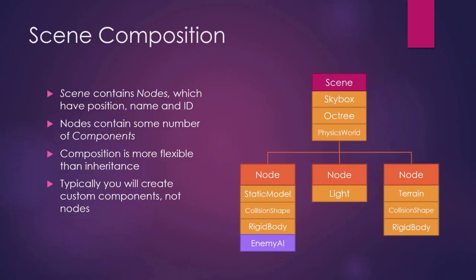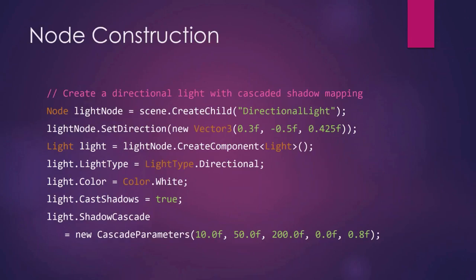So the pattern that tends to emerge is that you have factory methods. So you might have, for example, a create enemy method that takes a scene, and then based on that, it will do scene create child, give it a name, and then set some properties on that node itself.